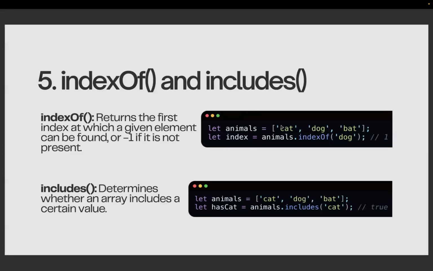So given these animals, cat, dog, bat, and let index equal animals dot indexOf dog, it returns 1 because the element dog is located at index 1.